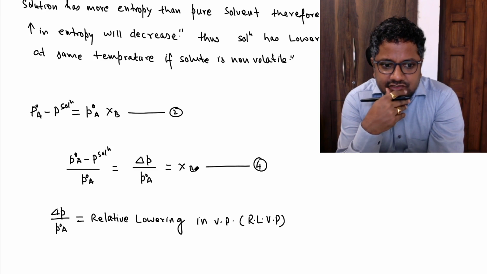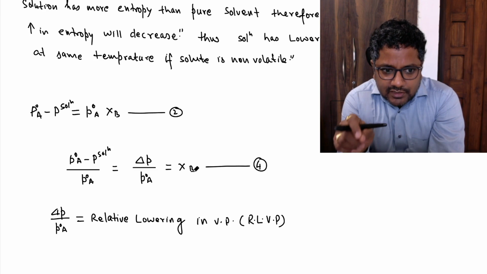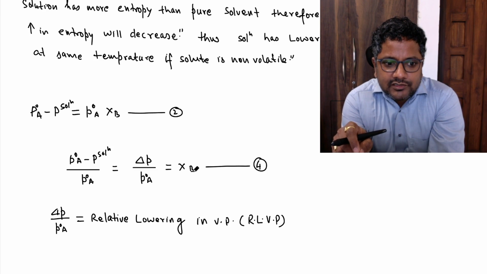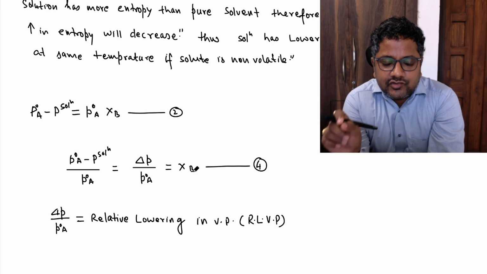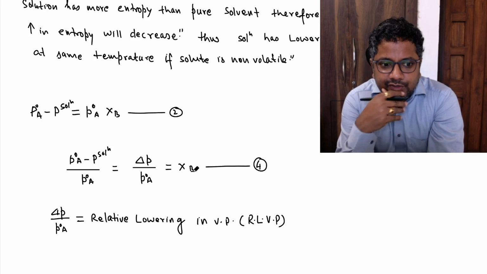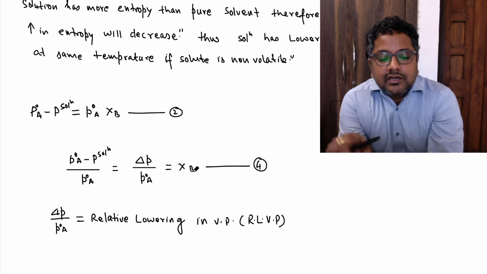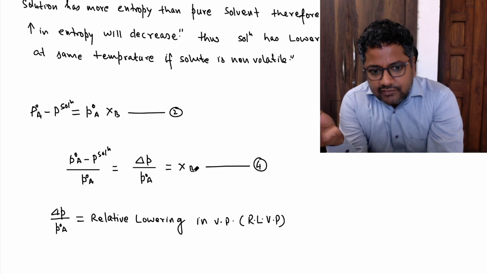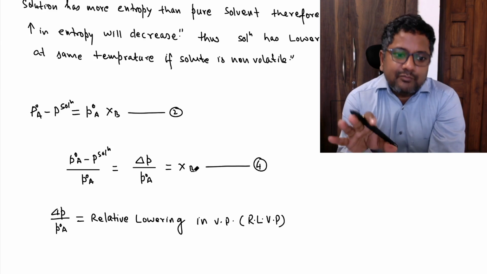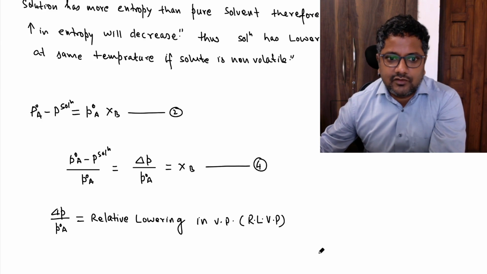What does it mean? It means the more you add this non-volatile solute, the more is the reduction in the vapor pressure with respect to the pure. So this is called Raoult's law, Raoult's second law.